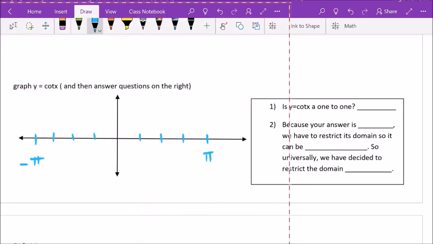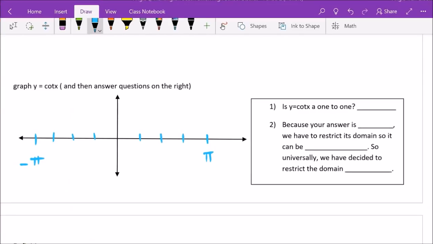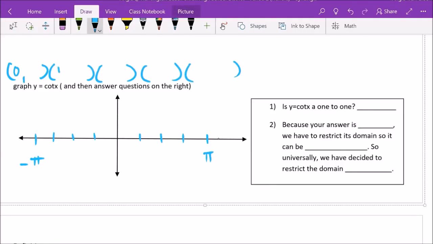I will have 5 points: 1, 2, 3, 4, and 5. We're going to start with inputs 0, pi over 4, pi over 2, 3 pi over 4, and pi. Okay? All right, let's start.